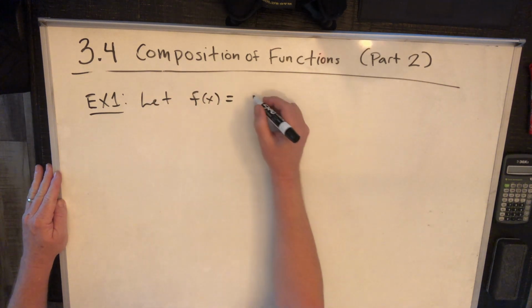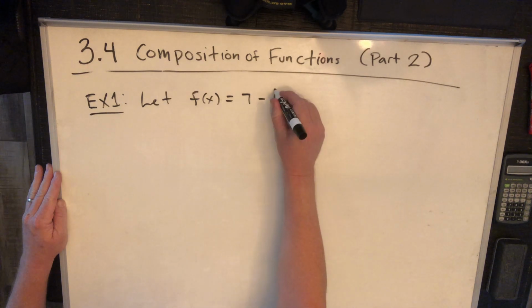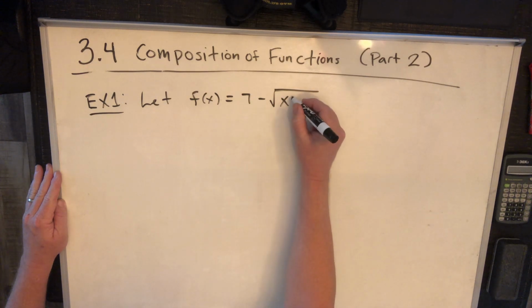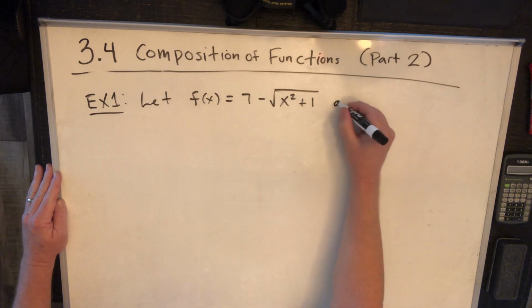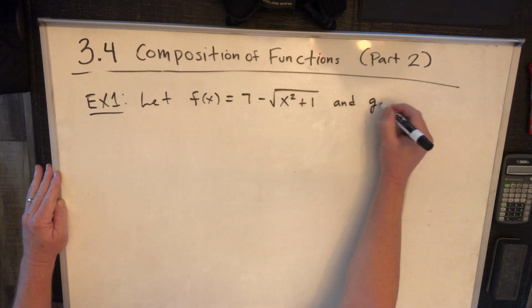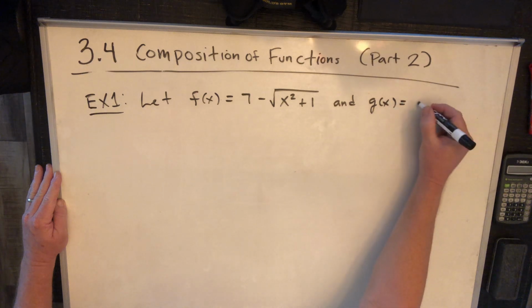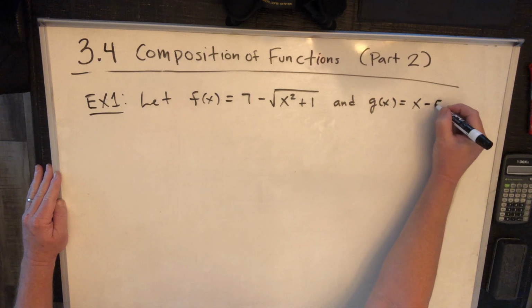Let f of x be 7 minus the square root of x squared plus 1, and g of x be x minus 5.